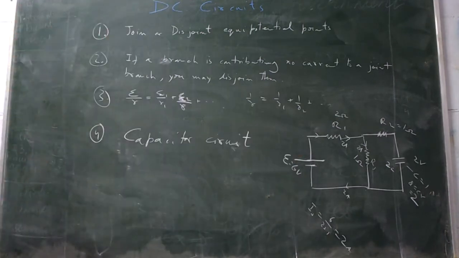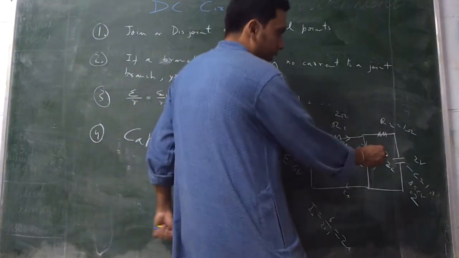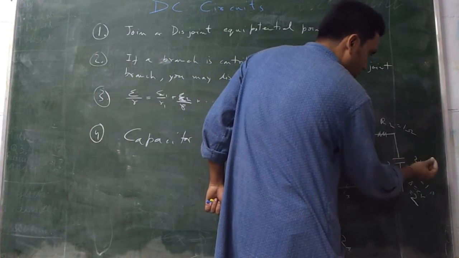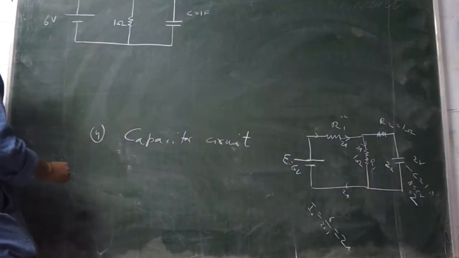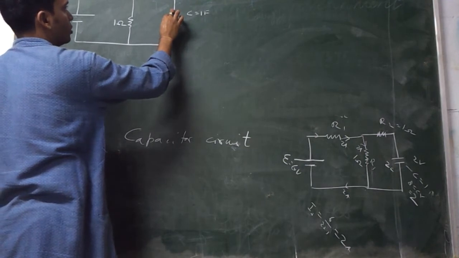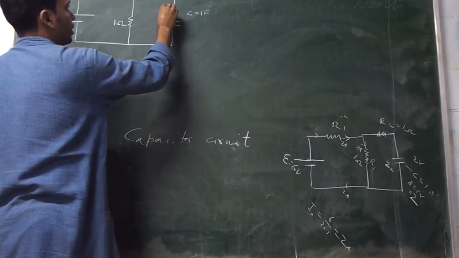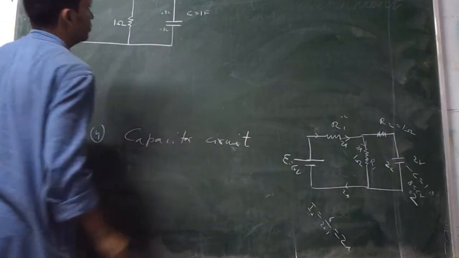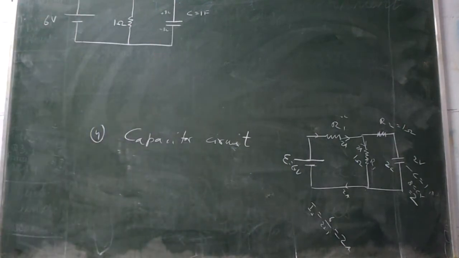So I'll say that the initial charge on this capacitor was plus 8 coulomb this side and minus 8 coulomb that side. I have to find at any time t what is the charge on the capacitor.